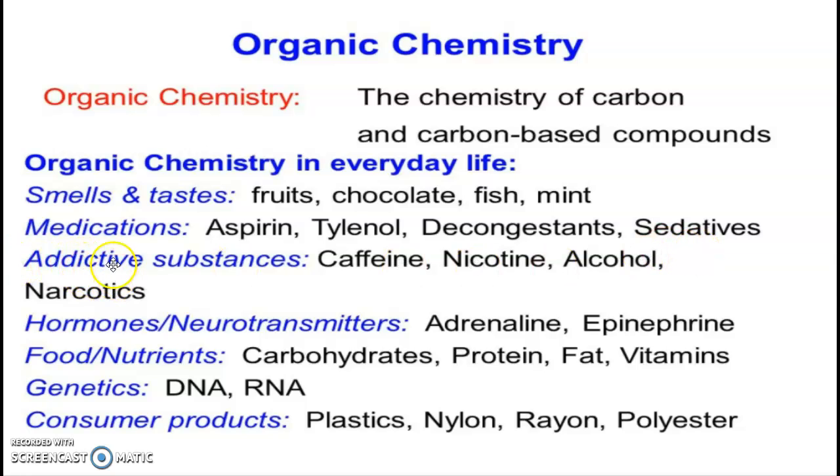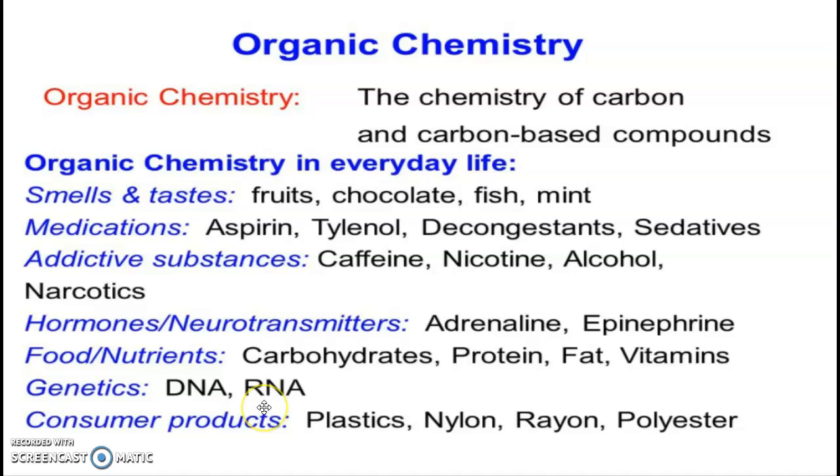These are medical drugs used. Then addictive substances: caffeine, nicotine, alcohols and narcotic drugs. Then in hormones and neurotransmitters we have adrenaline and epinephrine. These are the hormones. Further, food and nutrients: carbohydrates, proteins, fat, vitamins, etc.